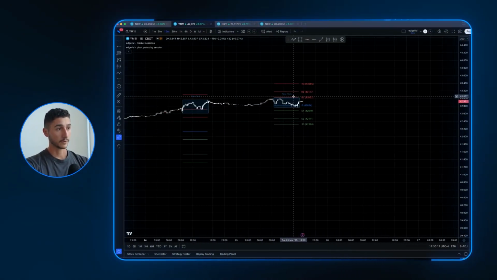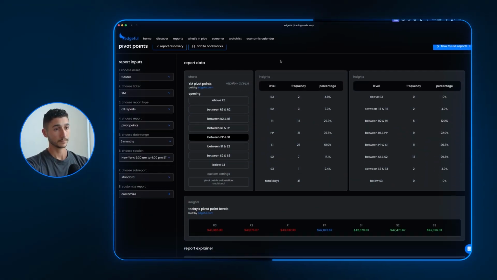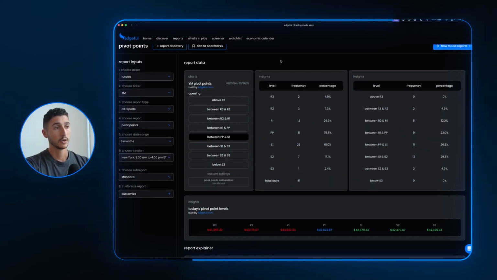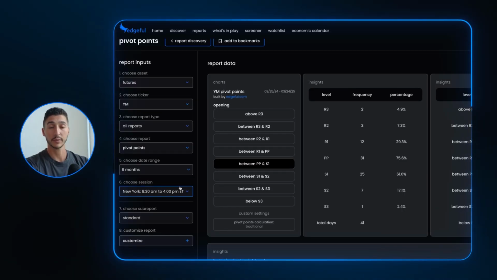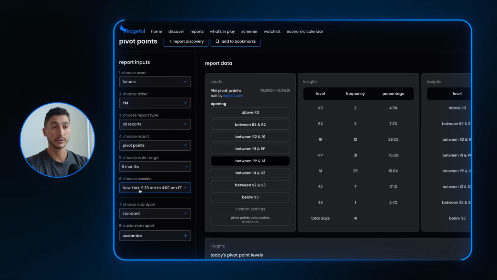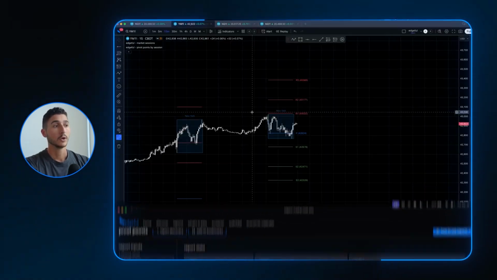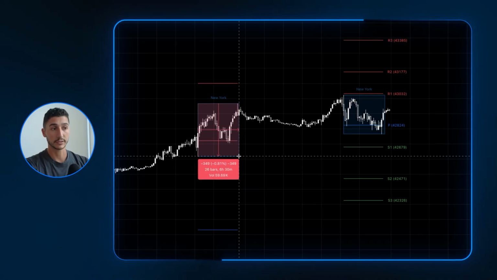So first of all, it is very important that you understand what is being measured when you are looking at the session. This is what applies to futures, Forex, and crypto. When you're looking at the New York session, the pivots are calculated based on only the previous New York session's range.